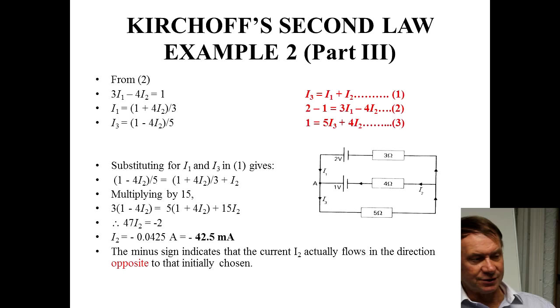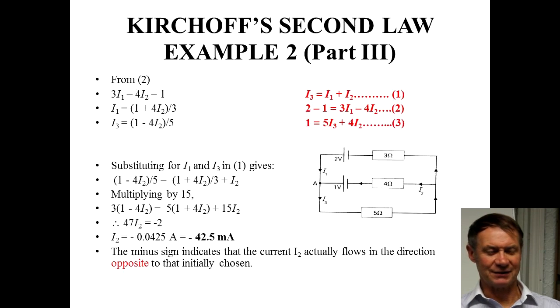So substituting these equations in 1 gives the result shown, and multiply by 15 to get rid of the fractions 5 and 3, we get the middle equation, and we get 47I2 is minus 2, giving I2 as minus 42.5 milliamps. The minus sign shows that the current I2 flows in the direction opposite to that initially shown. Hopefully you'll find this useful with your physics, and thank you very much for listening.